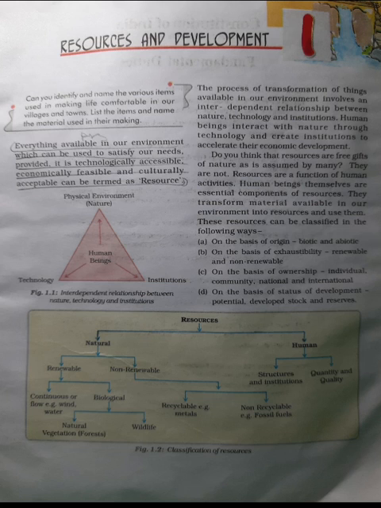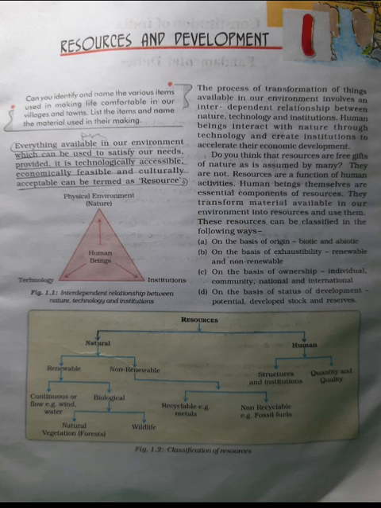The process of transformation of things available in our environment involves an interdependent relationship between nature, technology, and institutions. So these things work together to make those resources usable for human beings. Human beings interact with nature through technology and create institutions to accelerate their economic development.